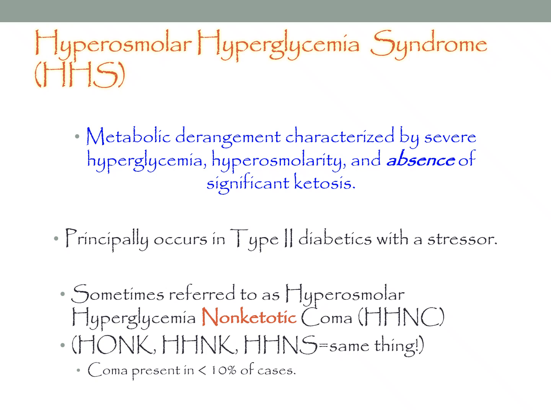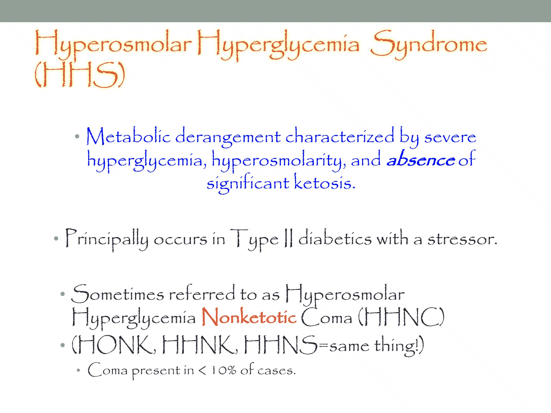Hyperosmolar hyperglycemia syndrome is the last condition we're going to talk about. HHS typically occurs in type 2 diabetics, unlike DKA, which happens in type 1 diabetics. HHS, you will see named many other things. The list on the bottom here gives you a few. You'll see HHNC, which is hyperglycemic hyperosmolar non-ketotic coma. But generally the coma has been taken out of the name because less than 10% of people present with a coma.